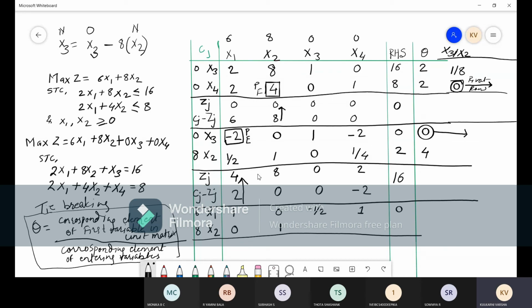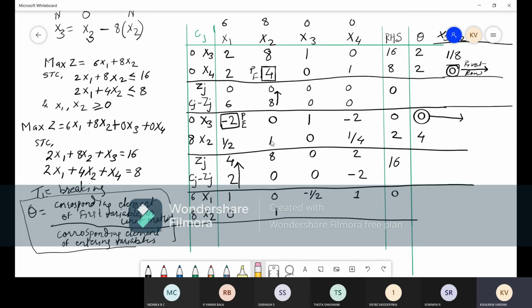Concentrate on this 0, because we want 0 over here. We have this 1, we have this half. If you multiply this 1 by half and subtract it from this half, you will get 0. And subtracting from this 1 minus this 0, it will be 0.